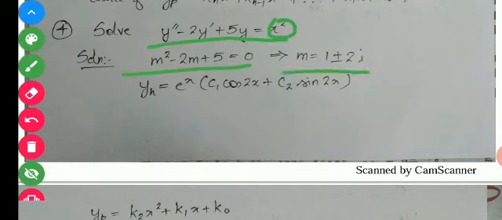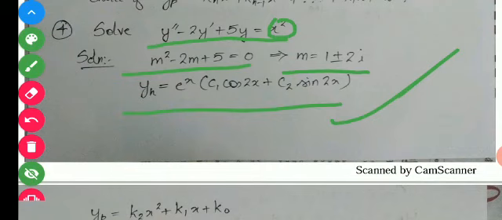The roots of the characteristic equation are m equal to 1 plus or minus 2i. So the solution of the corresponding homogeneous part will be e raised to x into c1 cos 2x plus c2 sin 2x. You should have studied how to solve homogeneous differential equations by now. So this part is done.